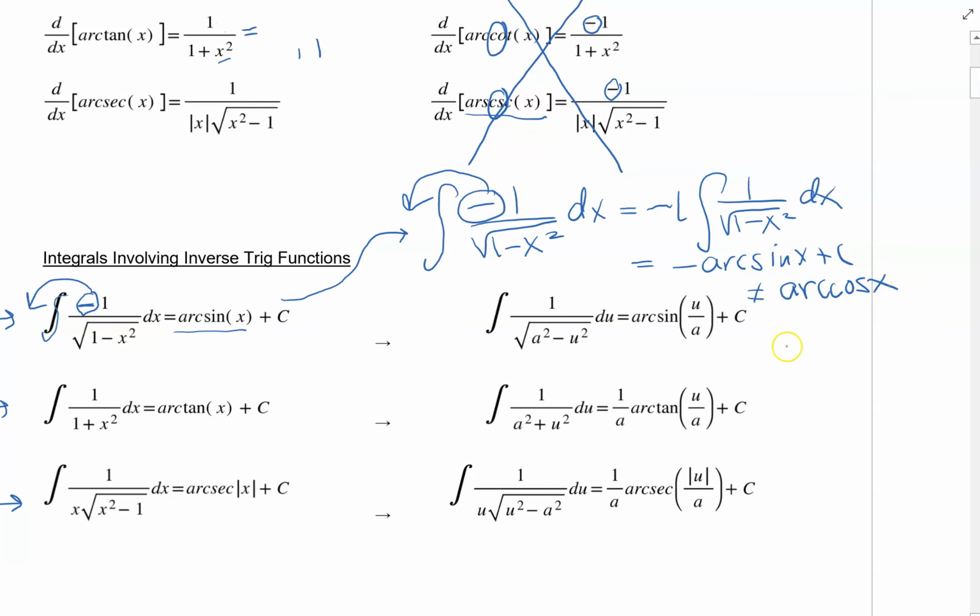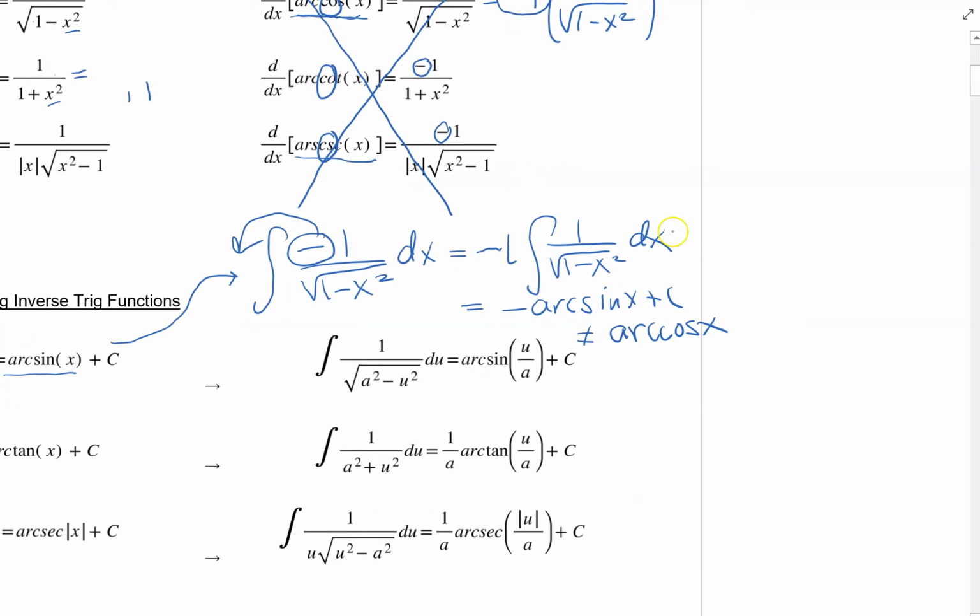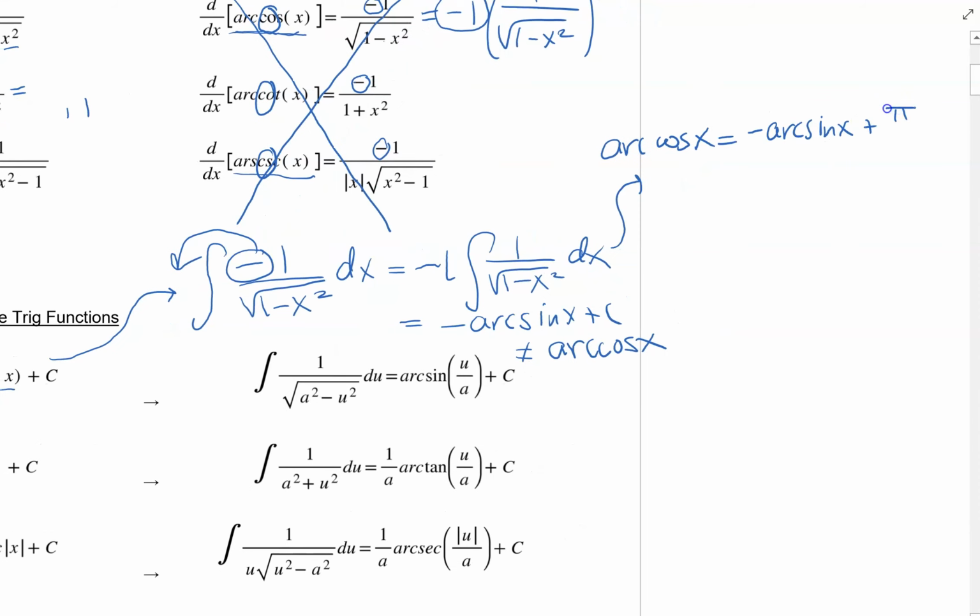It turns out that, again, a brief little review of inverse trig, arc cosine is equal to negative arc sine plus pi over 2. Those two expressions have identical outputs. They're equal to each other.